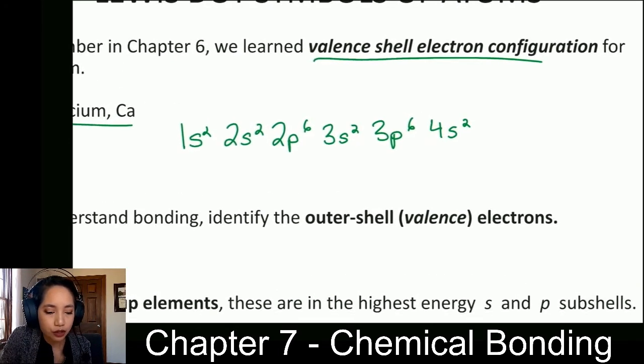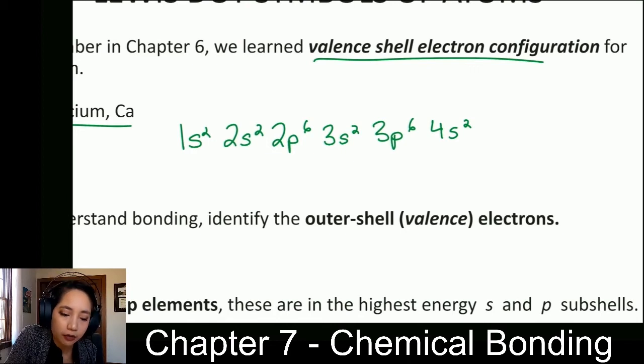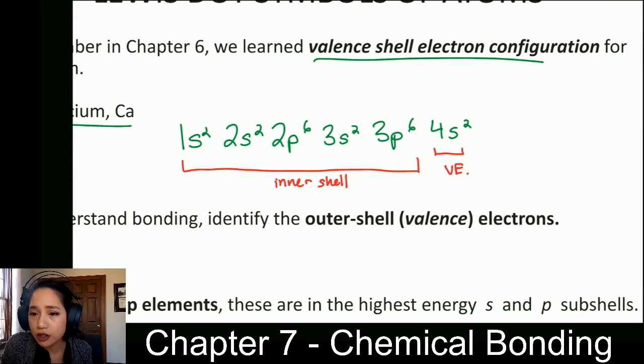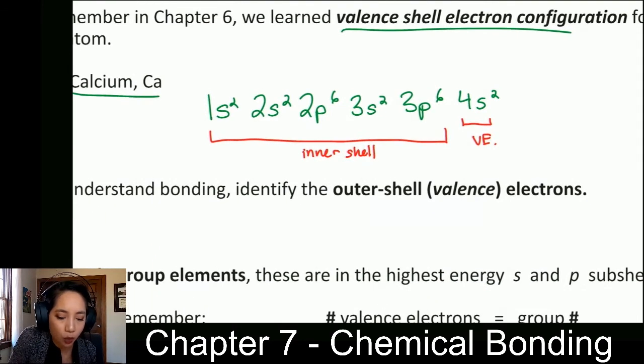All right, and so again, let's identify the valence shell electrons. Valence shell electrons are the outermost, the electrons with the highest n value. So here are our valence electrons, and all of the rest of these electrons are our inner shell. Those inner shell electrons aren't involved in chemical reactions. This is the reason why we can just write out the noble gas shorthand version.